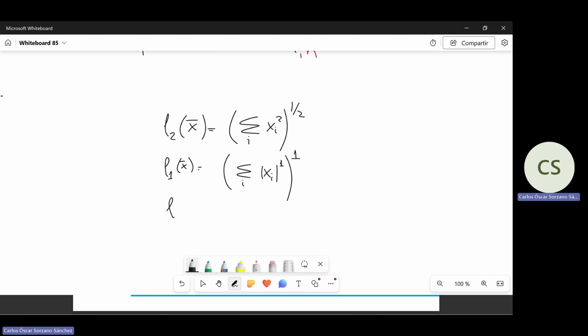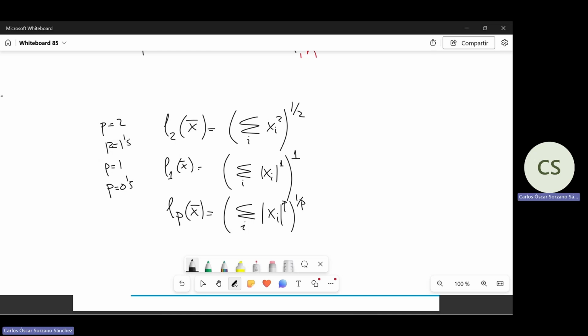So we can generalize to the LP norm. LP is the sum of this to the P power, then you do the P root. Okay, this is the LP norm. And P can take any value. So here P is equal to 1, here P is equal to 2, but you can say P equals 0.5, P equals 1.5, it can be whatever.